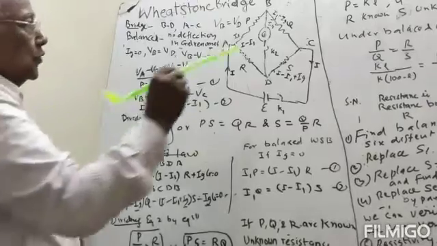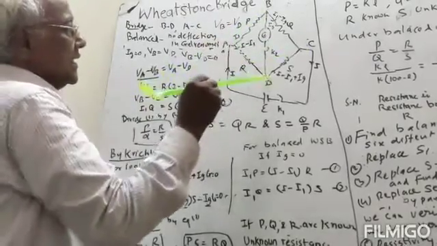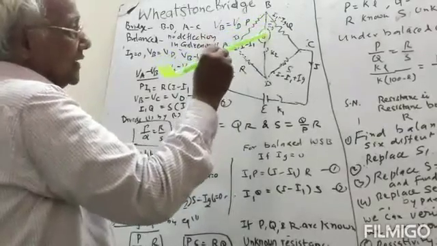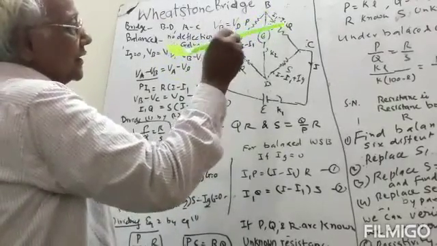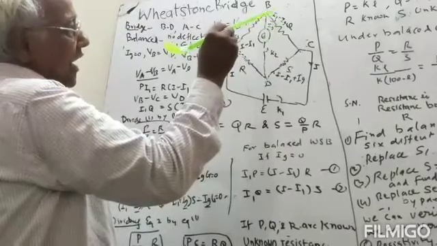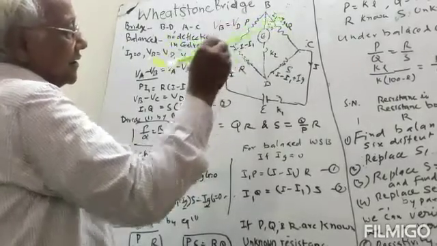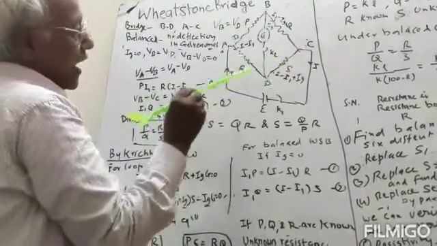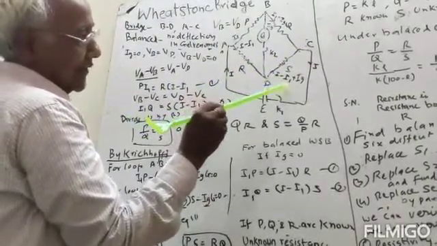Now for this loop B, C, D, B, here the current is I1, and Ig current here, so now the rest of the current from the first law is I minus Ig. Here Ig will add, so in this branch the current will be equal to I minus I1 plus Ig.